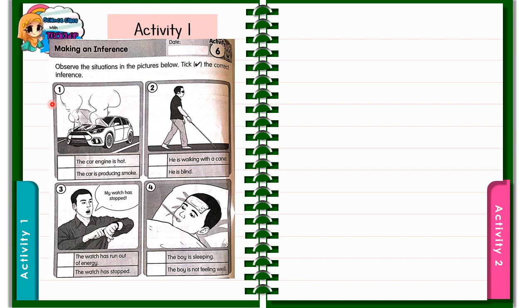Take the correct inference. For example, picture number 1, the car is producing smokes. This car is producing smokes. Give the correct inference. Remember, inference means reasons. So you have to take the correct reason.